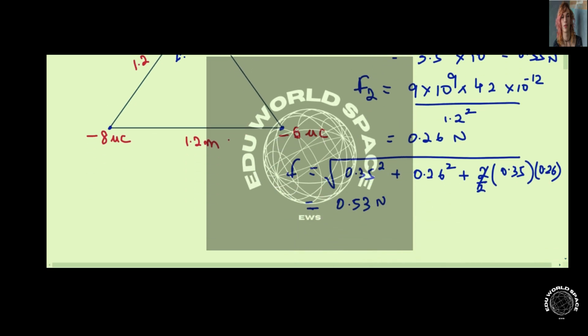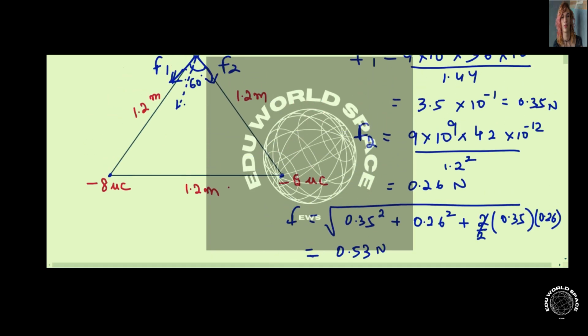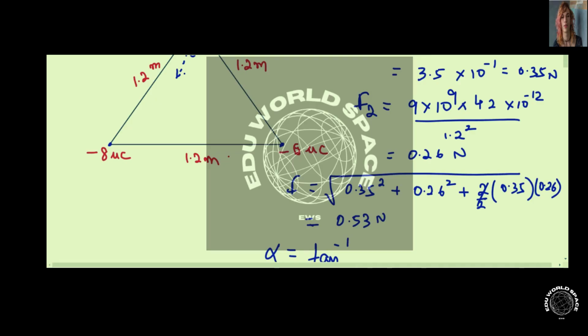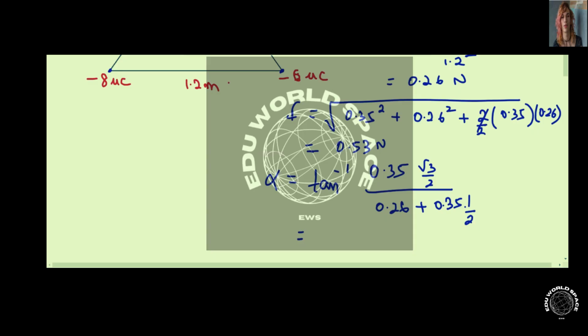Talking about its direction, so angle will be tan inverse. Let's take either of the force. Let's say I take this F1. So 0.35 sine 60 degree, that is root 3 by 2, over 0.26 plus 0.35 times cos 60, that is 1 by 2. So this comes out to be, let us simplify this one.